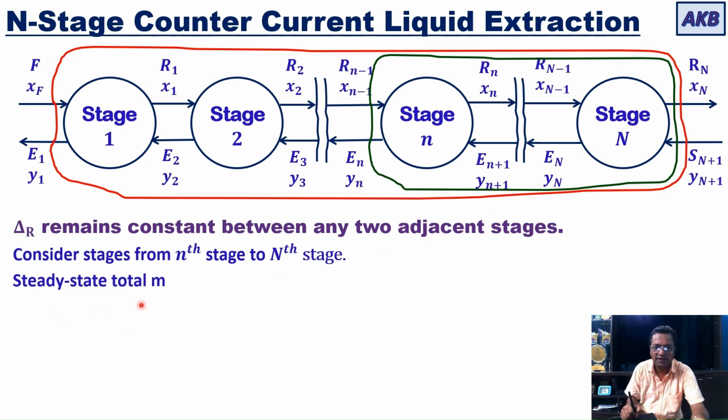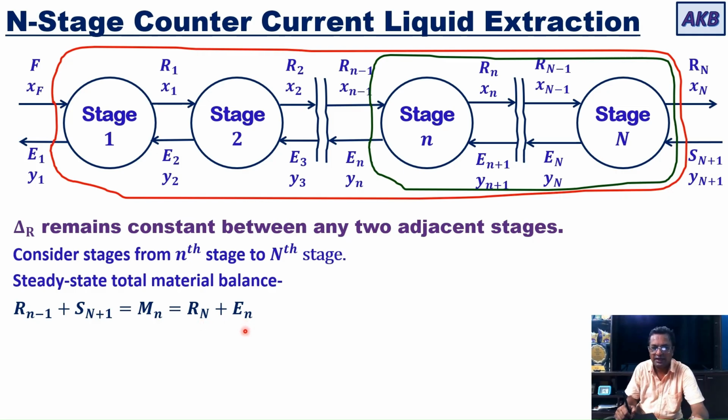If I write the steady state total material balance for this green envelope, it will be written as Rn minus 1 plus Sn plus 1 is equal to mn, the mixture that will be formed within that envelope, which will then separate into Rn plus En.